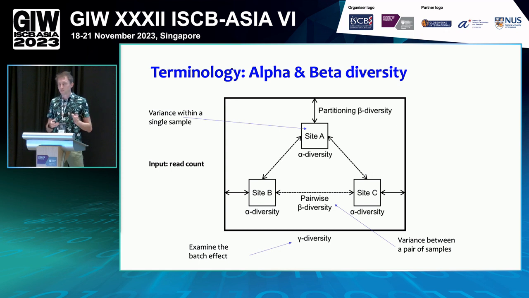And so just before we jump in a bit more, I want to give you a bit of background in case you're not familiar with some of these terms. So alpha and beta diversity, in this context, the alpha diversity is the variance within a single sample, while the beta diversity is the pairwise diversity between two samples.